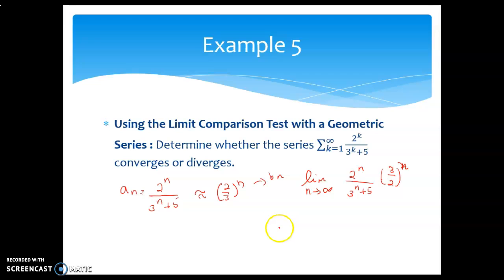So then we're going to have the limit as n goes to infinity of 3 raised to the power of n divided by 3 raised to the power of n plus 5. And then this should give you 1. So since we have b sub n converges, and the limit is equal to some number L, that means this series also converges, and that would conclude it.